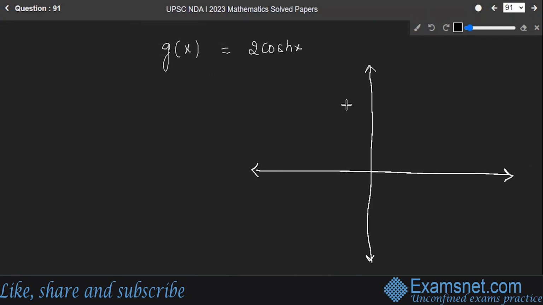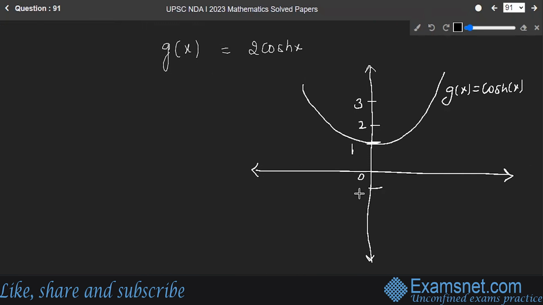So here's the graph for cosh x, something like this. This is 1, 2, 3, and so on.